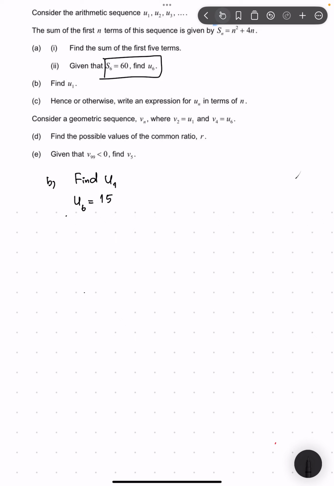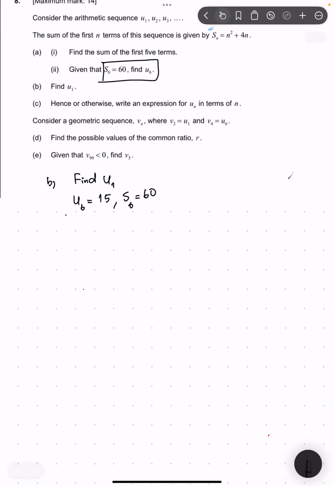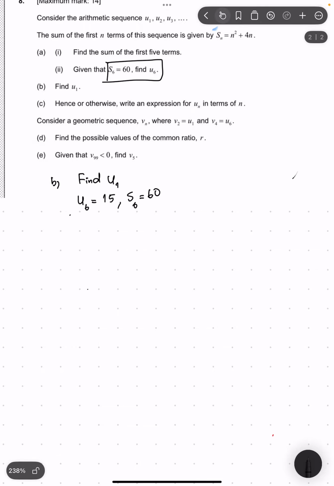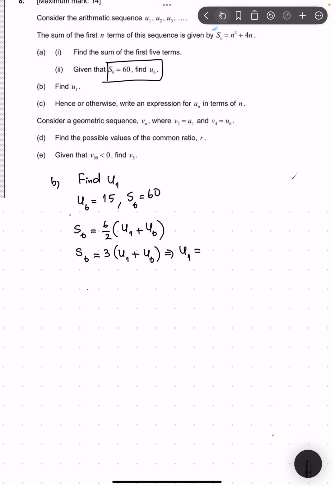And we got S6 equal to 60. So here we can find U1 by using the fact that S6 is going to be equal to 6 over 2 times U1 plus U6, right? So then S6 equals 3 times U1 plus U6, and then U1 is going to be 60 divided by 3 minus U6.